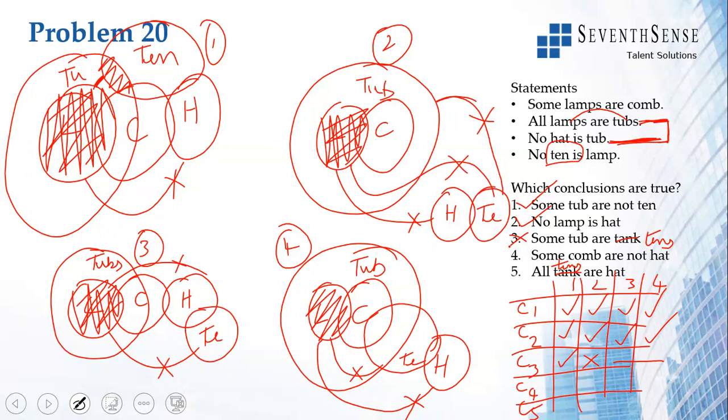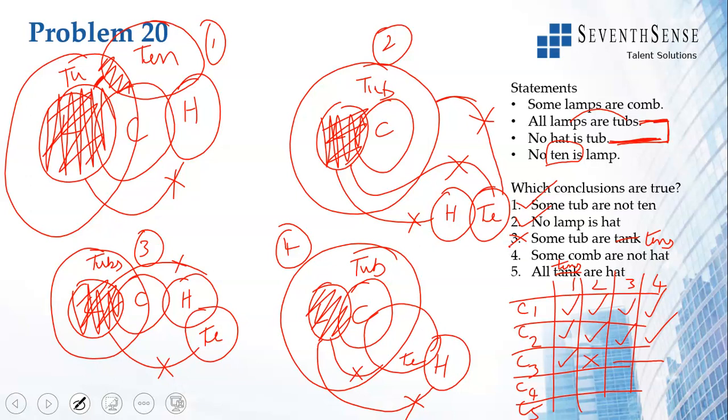Some cones are not hats. If you see, some lamps are cones, and all the lamps are tubs. From the statements also you can conclude, but let us see if we can do it with the drawing.